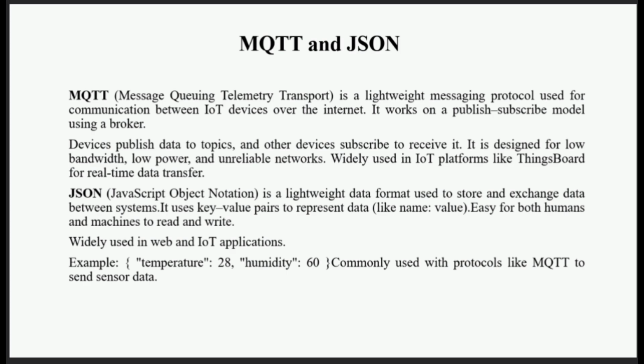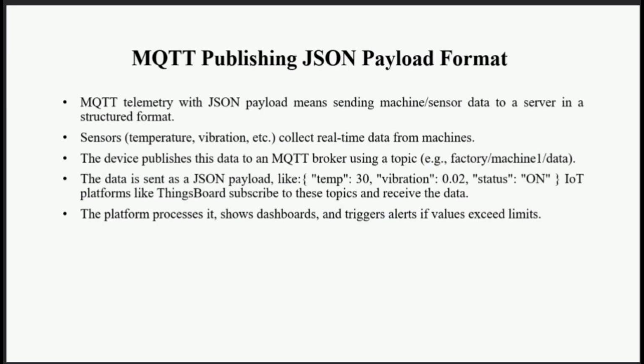And going forward, MQTT publishing JSON payload format. Let us see how this format works. MQTT telemetry with JSON payload means sending machine sensor data to the server in a structured format. Sensors like temperature, vibration, etc. collect the real-time data from the machines as they are connected to Arduino. The devices publish this data to an MQTT broker using a topic, for example, factory/machine1/data.